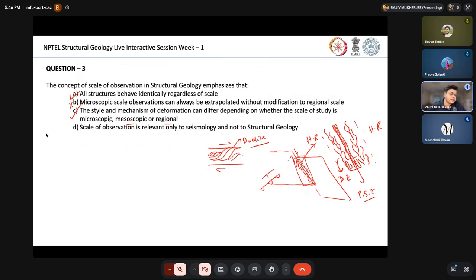If option C is correct, then why is option B not correct? Any answer?